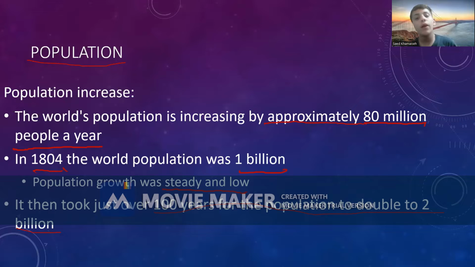It then took just over 100 years, a century, for the population to double to 2 billion only.